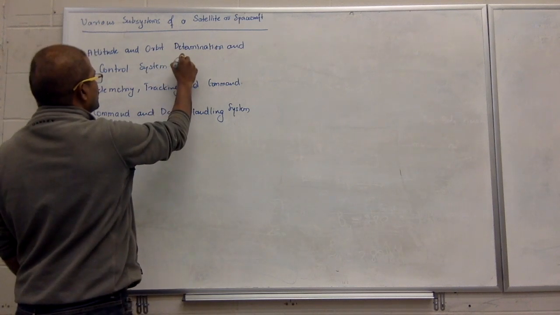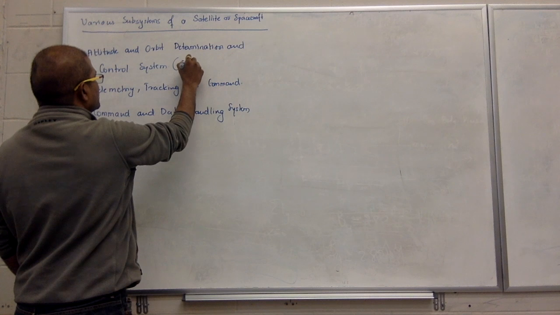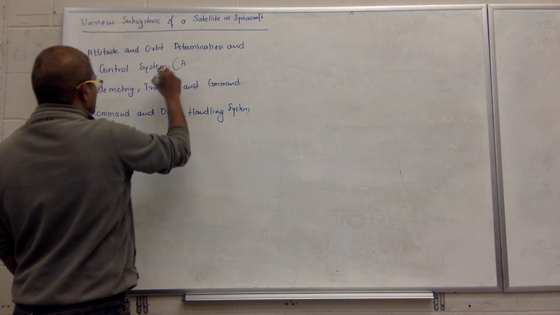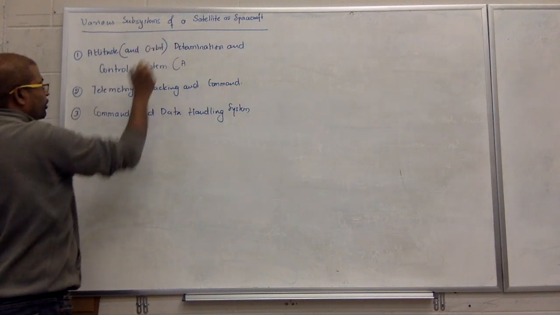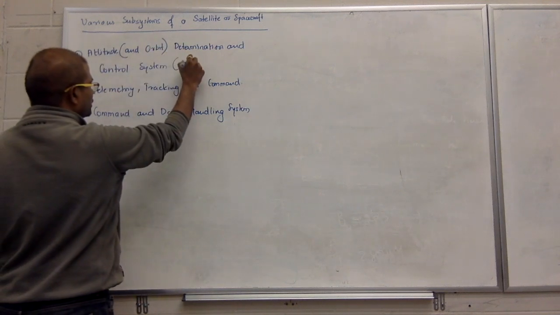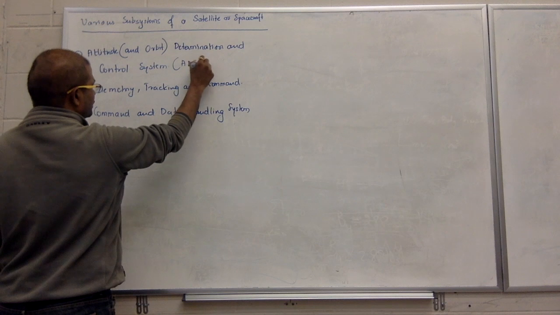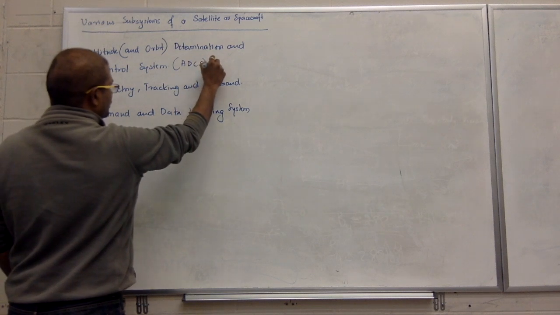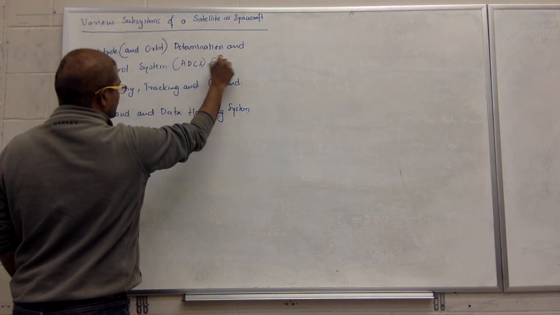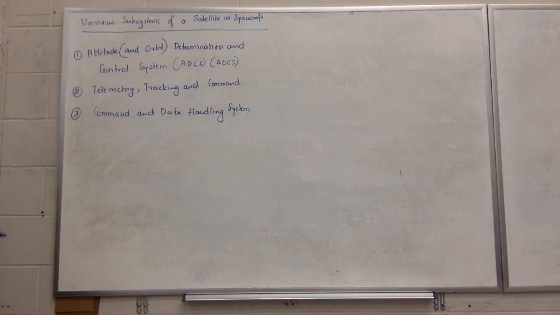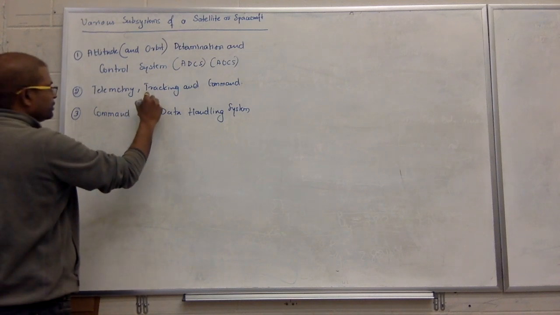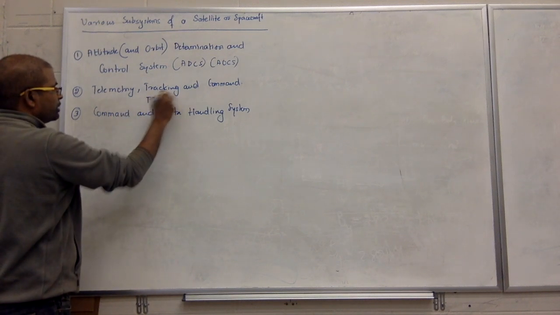Typically, this is called, this is a special case, okay, orbit. Without the orbit, it is called ADCS, and with the orbit, it is called AOCS, okay? Attitude and Orbit Control System. All right. This is called the TTMC.